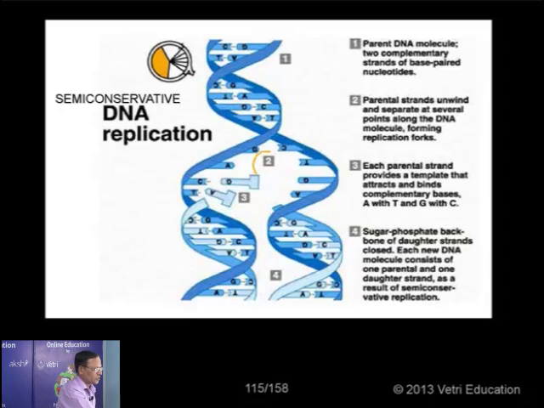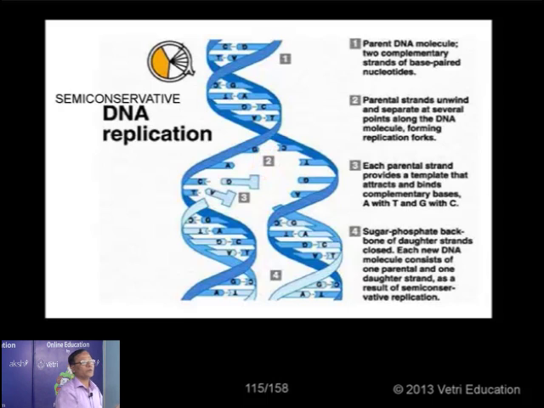Actually the unwinding of the two strands occurs. The separation of the two strands occurs at several places, not at one point, at several points along the entire length of the DNA molecule, so that we form a fork-like structure, and replication proceeds from that fork-like structure. This is called the replication fork.